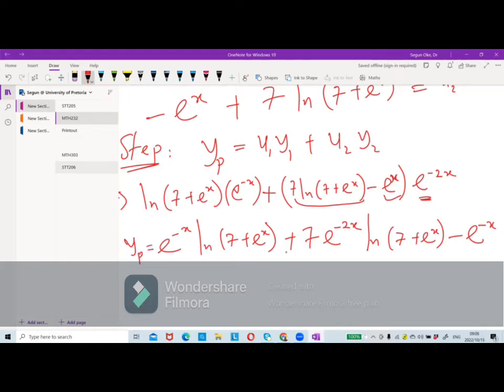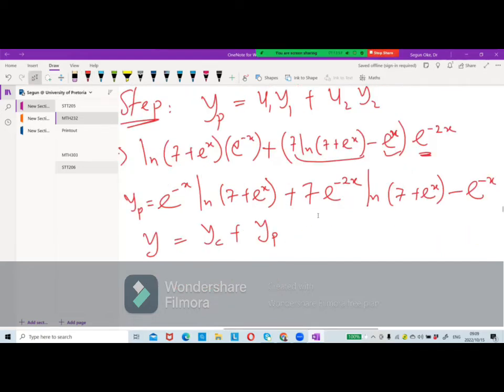Then finally, we need to get our Y. You remember the general solution, the way we did the other time, is still the same. We have Y equals YC plus YP. So let's substitute.